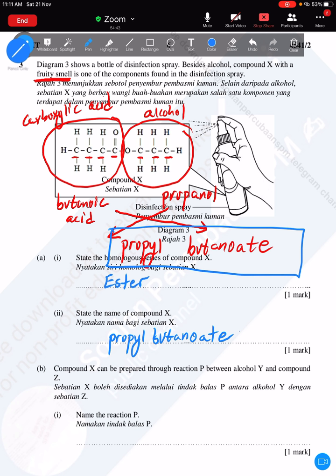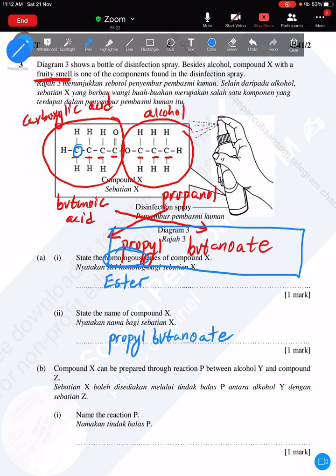You mean, how can this carbon have a single bond? Because I can't get the question clearly. Alkyne, okay. Oh, you want to know. No, if it's a carbon-carbon single bond, then they will ask you the homologous series.